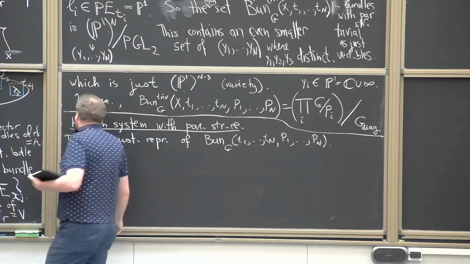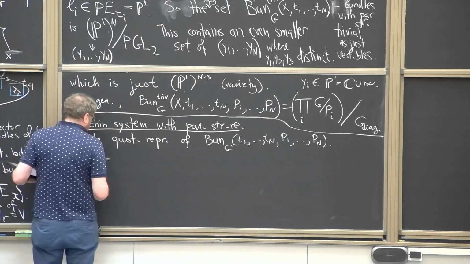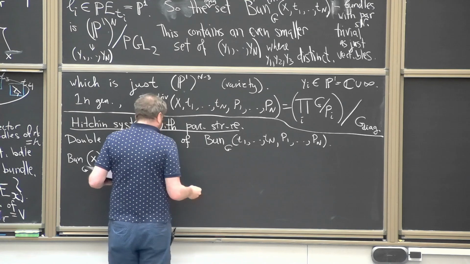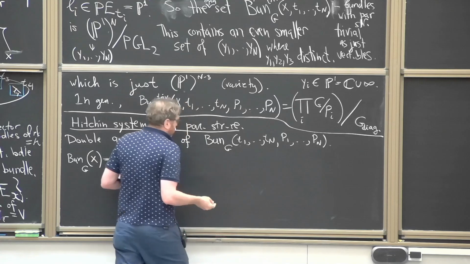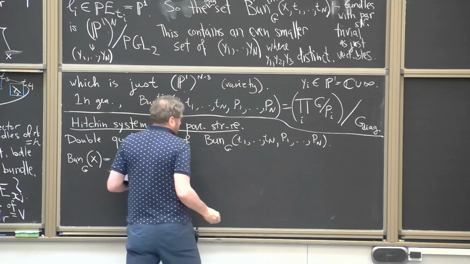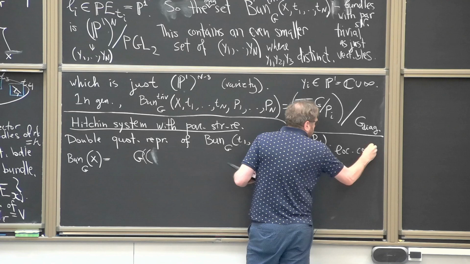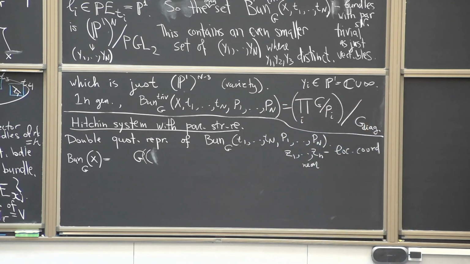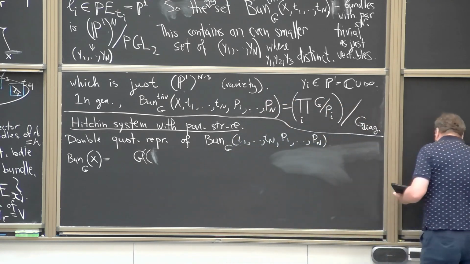Well, it's actually quite easy to do. So recall that Bun_G of X is just a double quotient. Let me realize it. I explained that there is a realization when we take out these points T1 through Tn. Let me just work canonically.